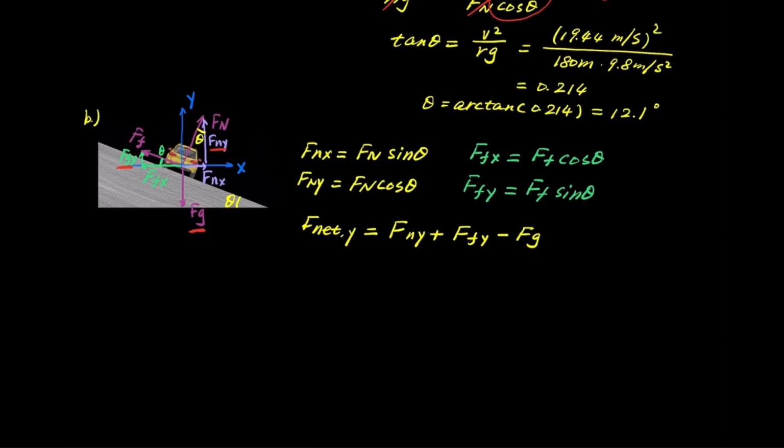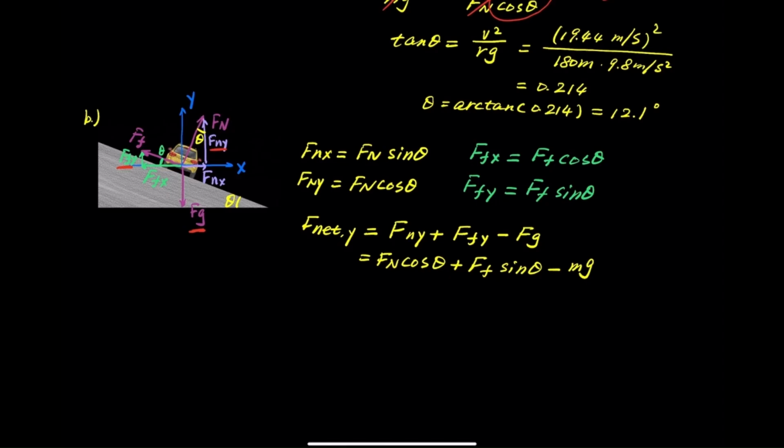Looking at our decomposed forces, we have Fny is Fn cosine theta plus Ffy is Ff sine theta, then minus Fg is mg.